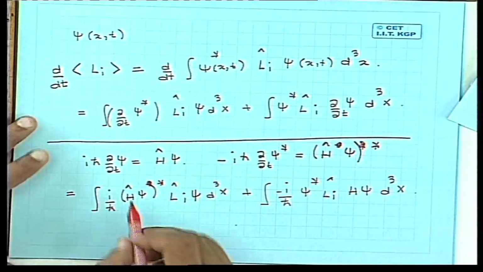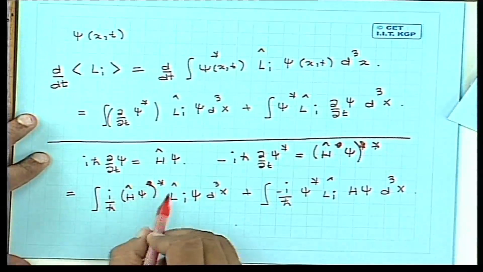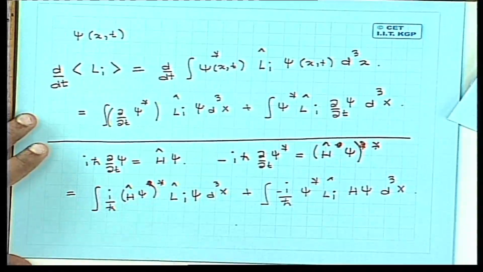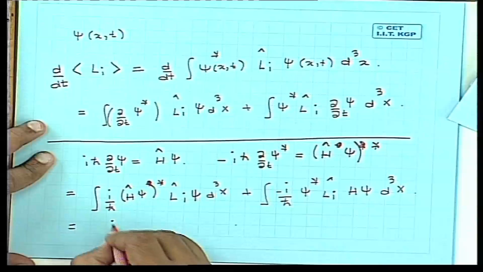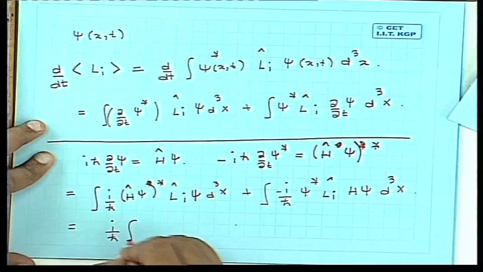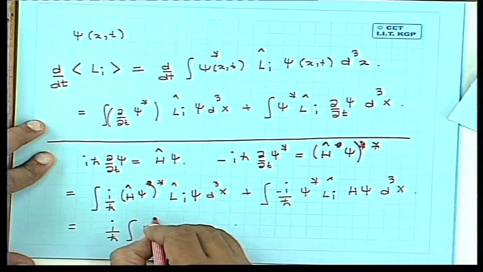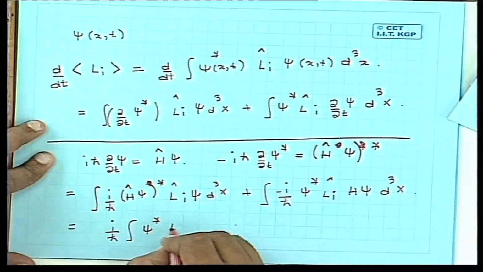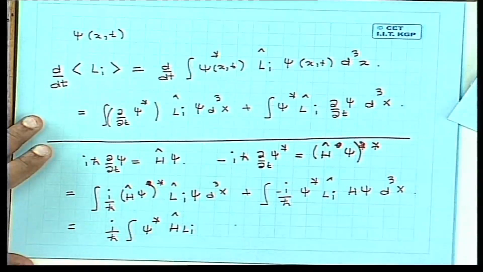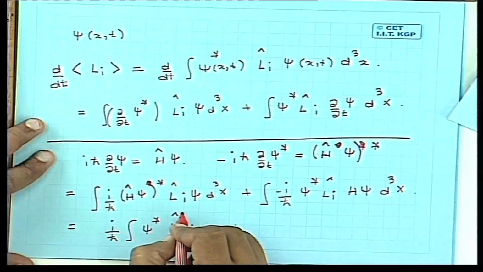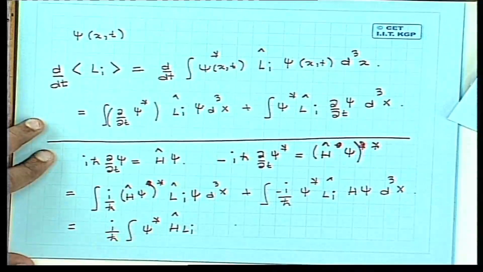Now, from the definition of the Hermitian conjugate, the dagger operator, I can take the i by h cross outside, psi star H Li. There should be a dagger here, but the dagger of H is the same as H itself.